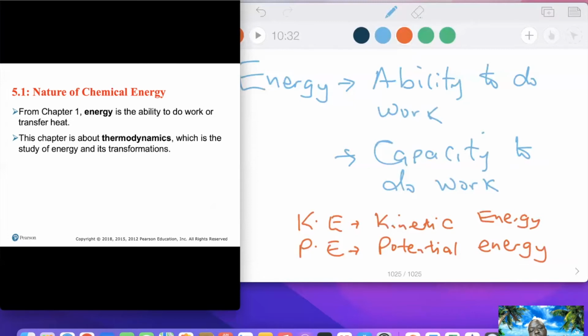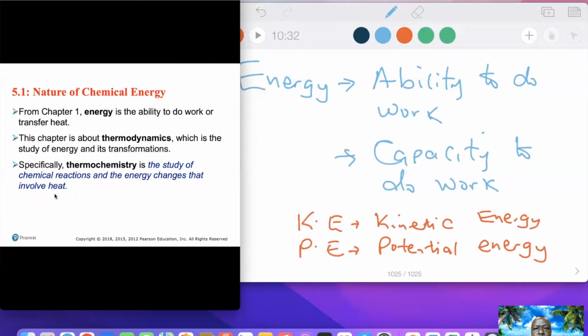The study of the transformation of energy is the subject of thermodynamics. A branch of thermodynamics, which is now chapter 5, thermochemistry is the study of chemical reactions and the energy changes that involve heat, right?